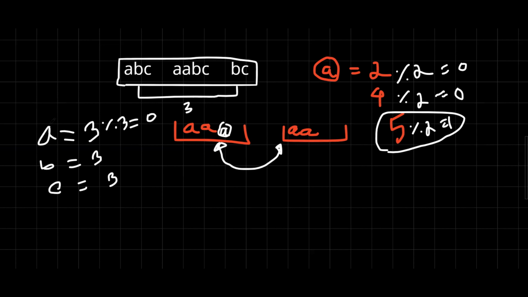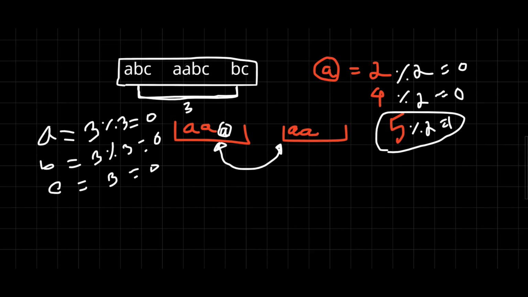That means the frequency of each character is divisible by the length of the input array. So as all of these remainders are 0, in this case, we have to return true. Otherwise, if any character does not satisfy the remainder condition, that is, if the frequency of a specific character is not divisible by the input length, then it is not possible to make all of the strings equal. I hope you understood the algorithm.